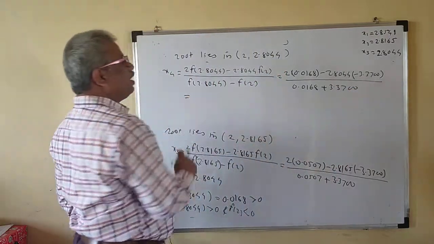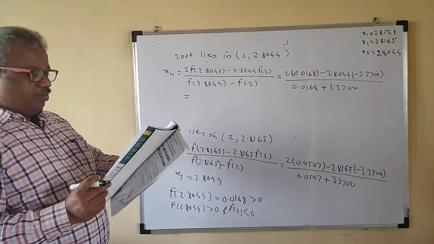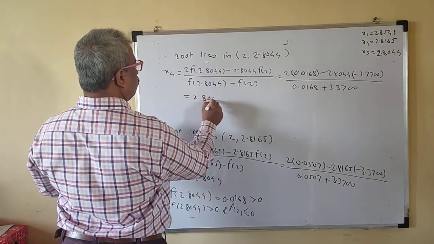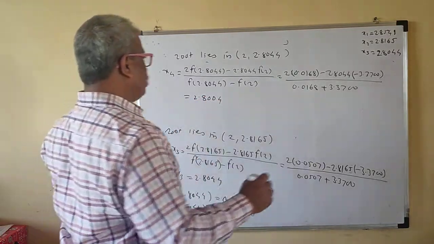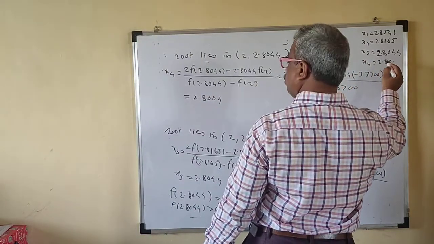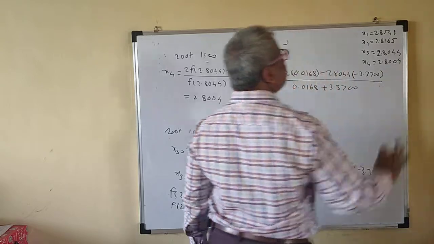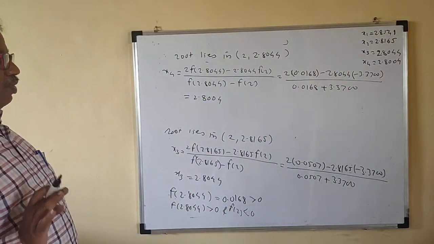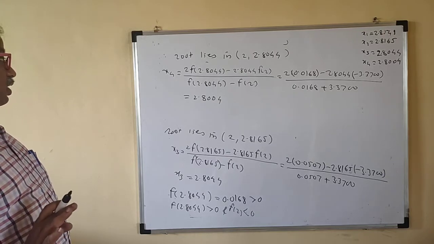So this value you get is 2.8004. Your x4 is 2.8004. See, up to 2 decimal places we get the correct answer.